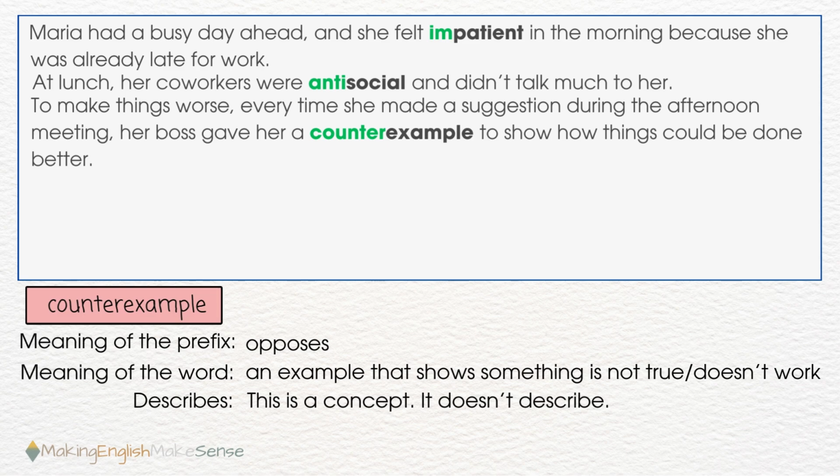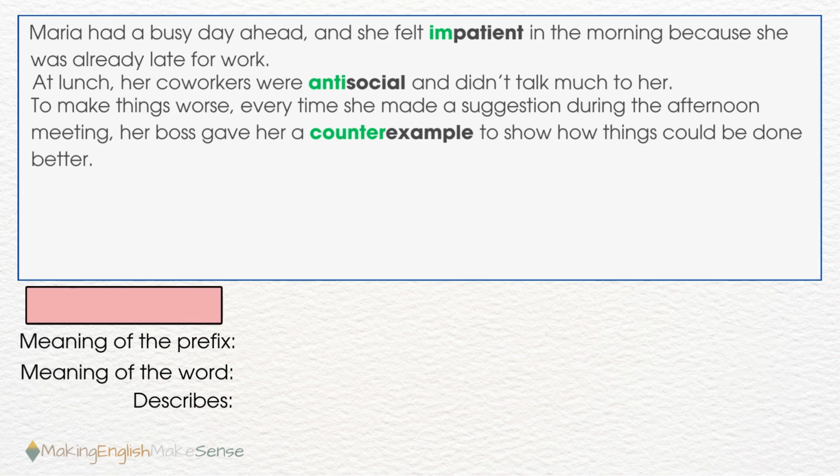A counterexample is an example that shows that an original example or suggestion is either not true or does not always work. In the paragraph, instead of supporting her suggestions, Maria's boss opposed them by providing counterexamples that pointed out that her suggestions were not very good.